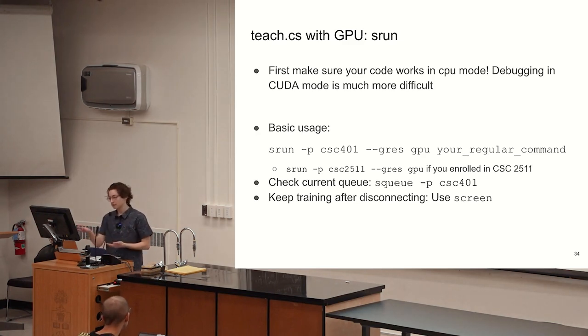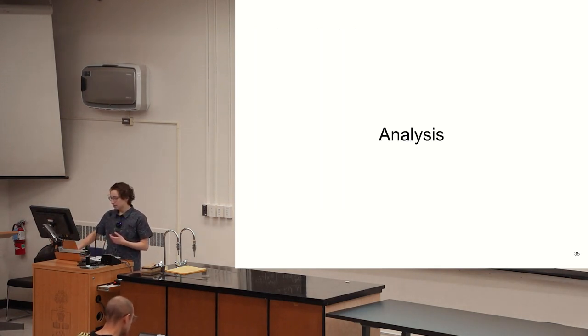But if it was overloaded in particular, screen would be very useful. And then another thing you might want to know about is you can check the current queue by using this sq command. Okay. So that should sum up running things on teach.cs.